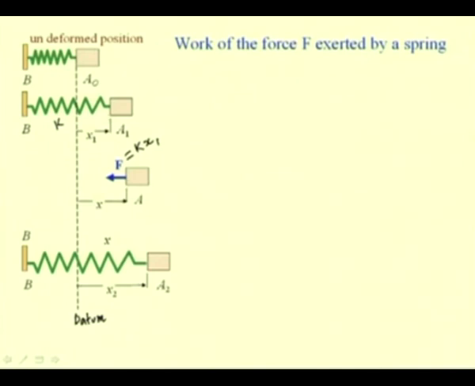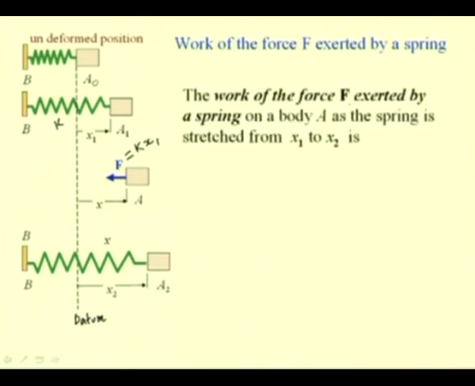So let us take two positions A1 and A2 whose coordinates are given by x1 and x2. For any intermediate position, the coordinate is x. Let us try to see what is the work done by this force F when the body is being displaced from position A1 to position A2.